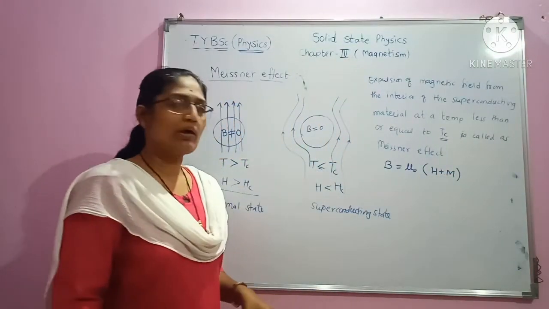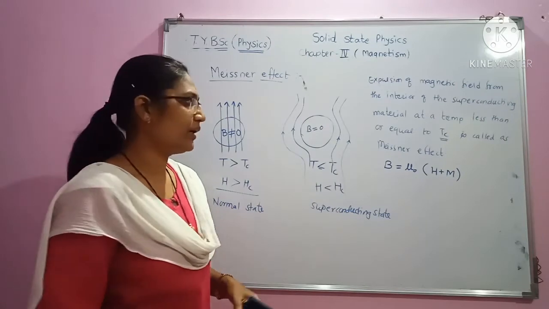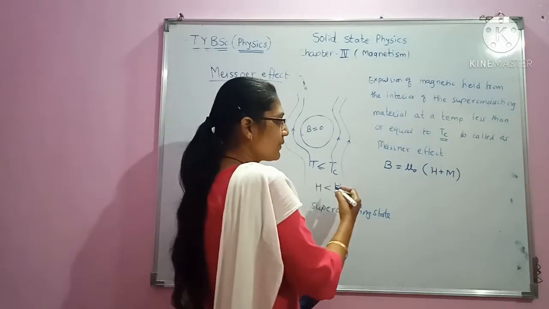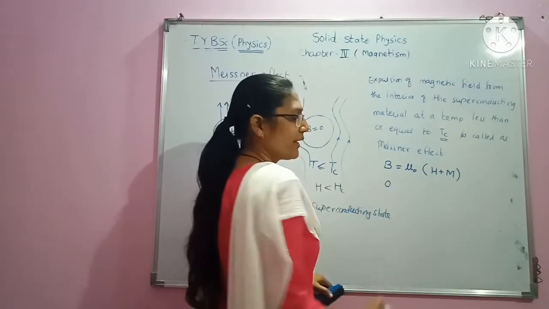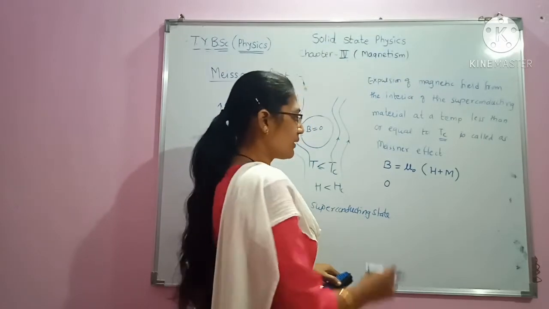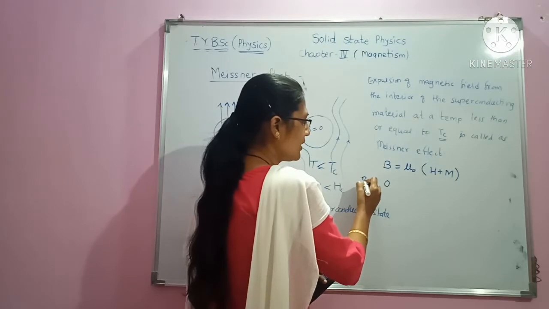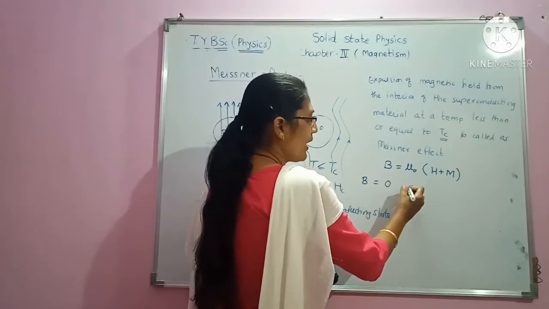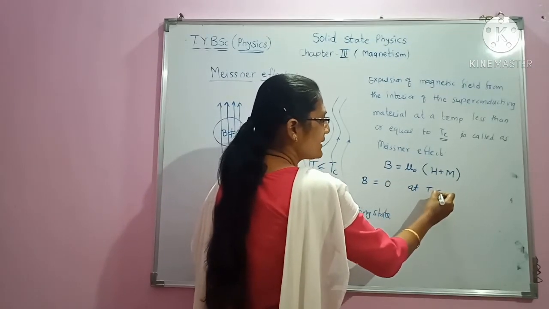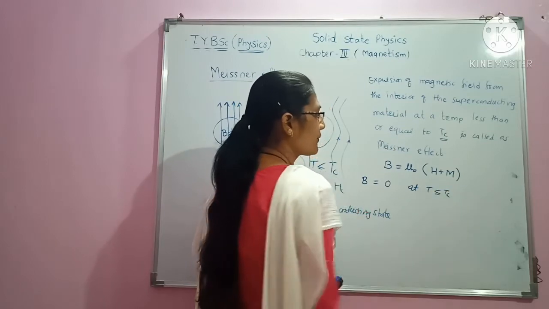This is the formula for magnetic induction B, and we know that as per the Meissner effect, in the interior of the superconductors there will not be any magnetic induction, that is B is equal to 0 at T less than Tc.